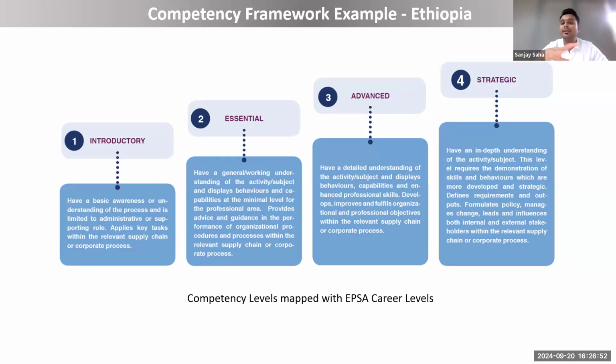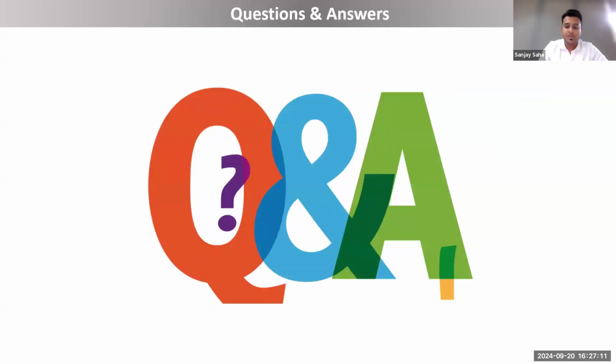So all this is linked to competencies, and hence, as a supply chain professional, you must be aware of what the core competencies at each level required in supply chain are, whether they are for technical functions or for enabling functions. Okay.